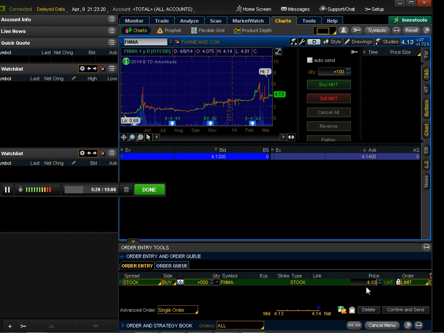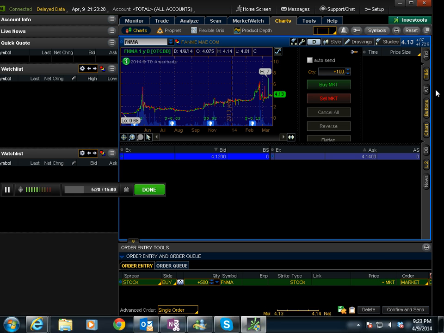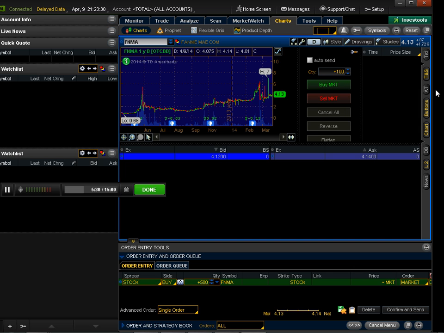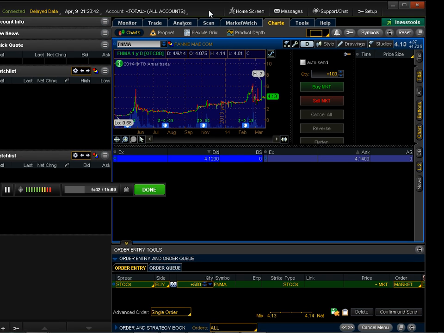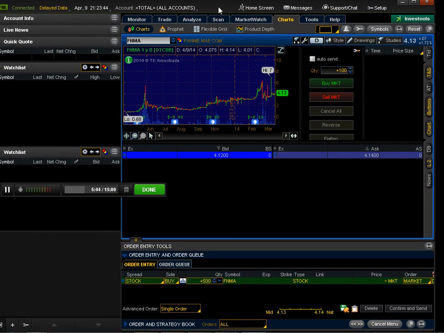Now the reason that is very important, especially with these penny stocks, is because if you were to use a market order, the issue is that you would just get the price that the stock is trading at, and that can range dramatically because of the markets that we are trading in. So when you trade OTC BB stocks or pink sheet stocks, there's a lot of volatility involved.